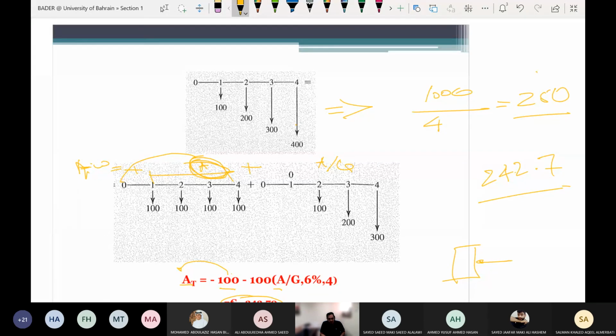So guys, can you tell me what's the difference? 7.3. Some say ignore it, but no, in reality companies work with thousands. So I just saved the company 7,300. That's why they pay me my salary.